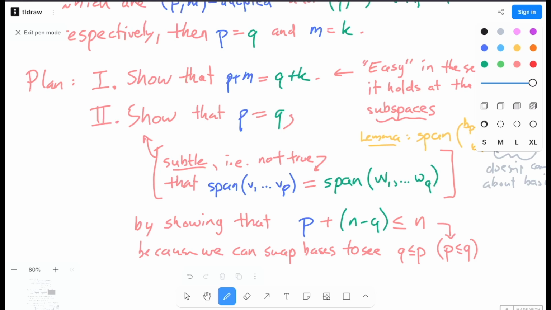Okay. So this is a great time for questions. We're about to do some linear algebra, but right now, so far we've just done some logic manipulation tactics.